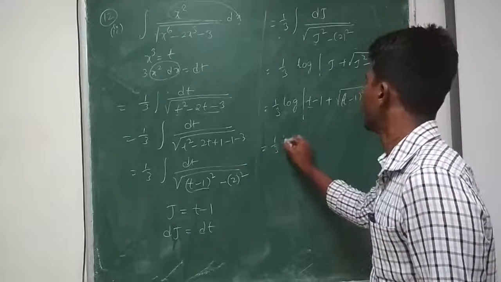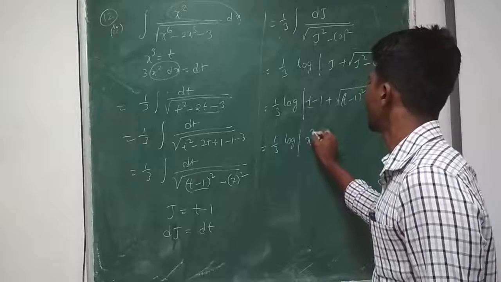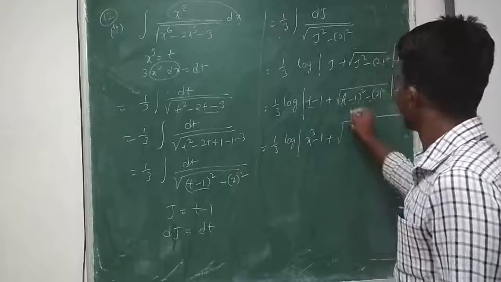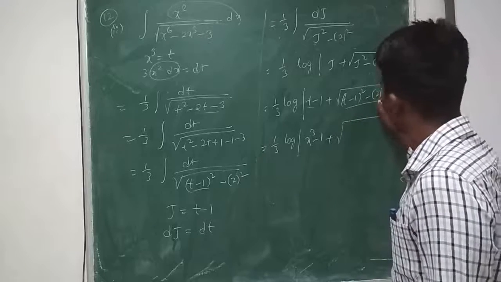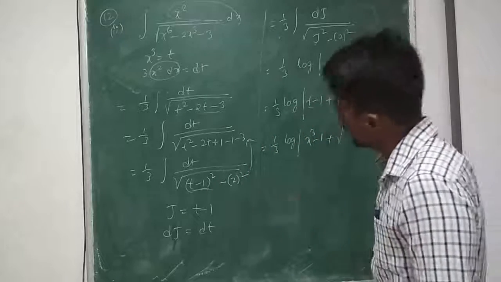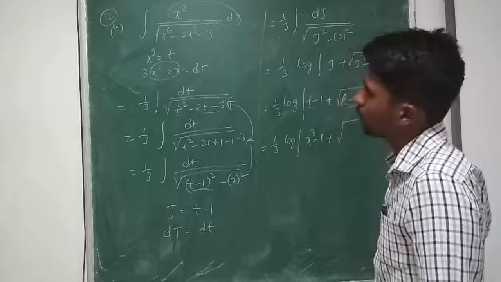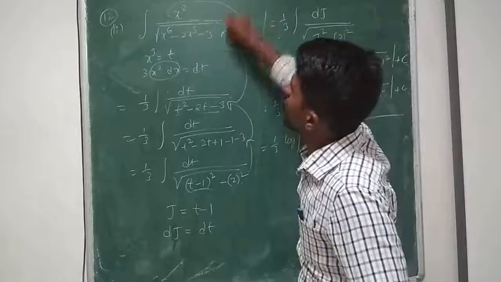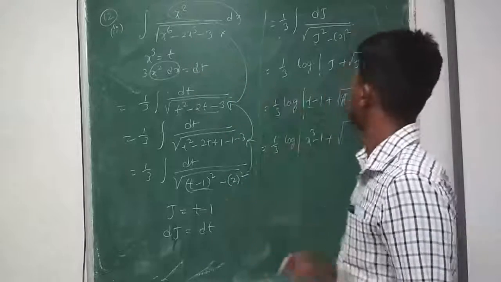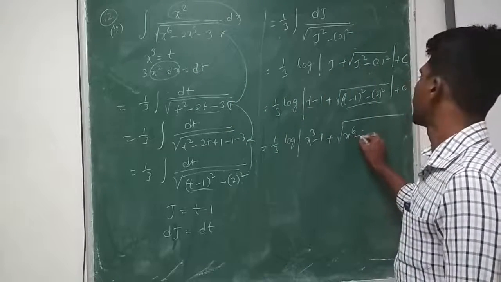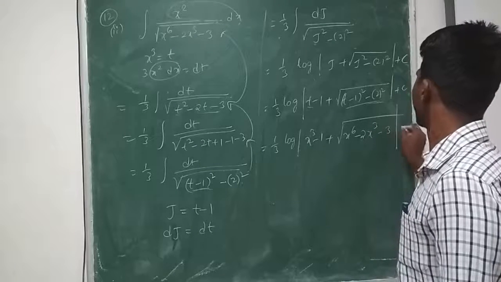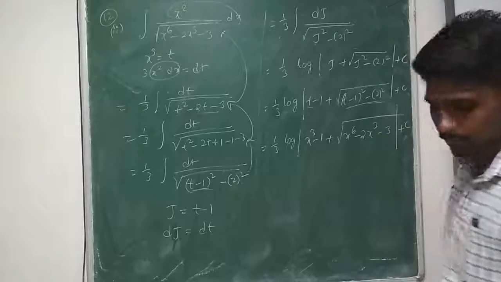So 1 by 3 log modulus of x cube minus 1 plus root over t minus 1 whole square minus 2 square. T minus 1 whole square minus 2 square is nothing but the previous one. So in place of this, I can write x power 6 minus 2x cube minus 3 plus a constant c.